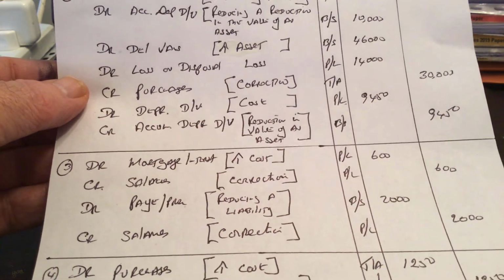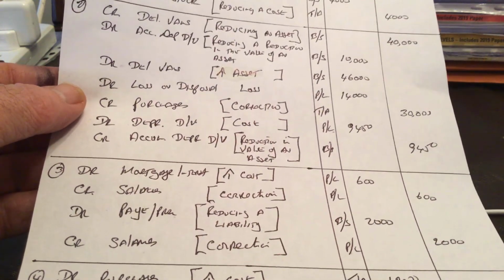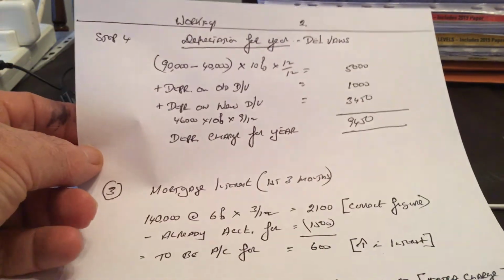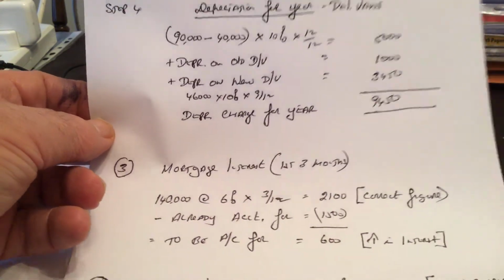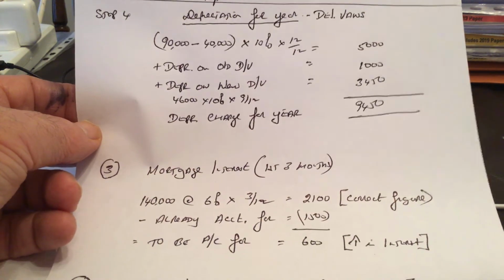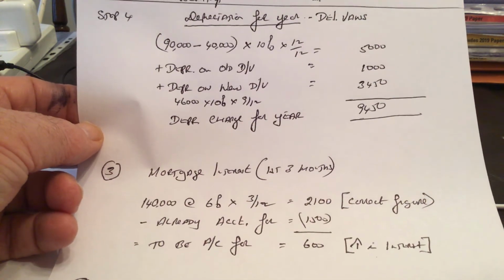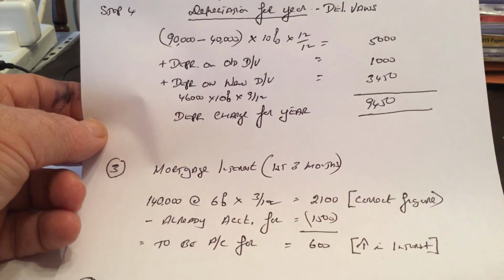And step 4. Now this is quite a long adjustment overall, so you have to be very careful. We're going to do depreciation for the year. We had 90,000, which you'll see on the top left-hand side under delivery vans, minus the 40,000 that we disposed of. So in other words, we had 50,000 worth of delivery vans for the whole year at 10%, which is 5,000.